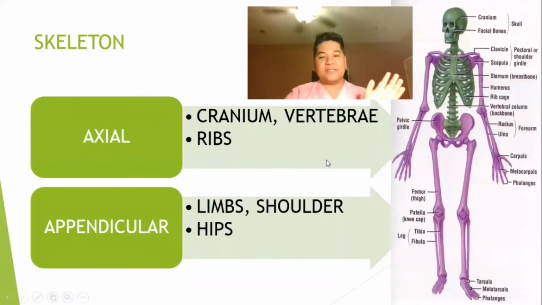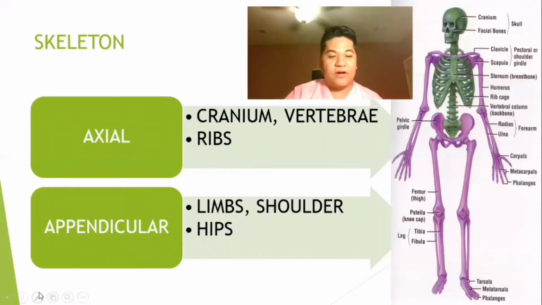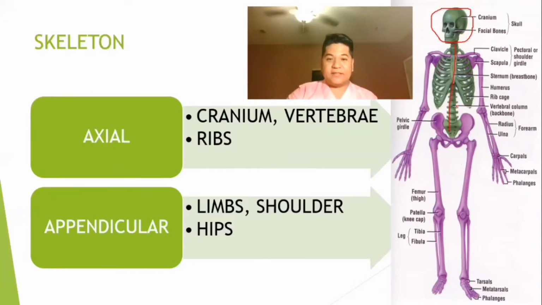The axial skeleton includes your cranium and the vertebrae. The vertebrae has 7 cervical, 12 thoracic, 5 lumbar, 1 sacrum, and then the tailbone called the coccyx, which is 1.